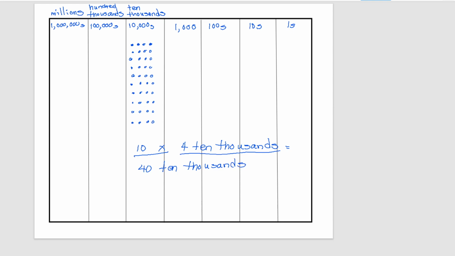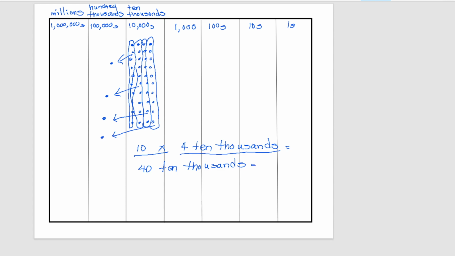And when we put them in groups of 10 and exchange them for the next highest place value, 10 10,000s is 100,000. 10 more is another 100,000. 10 more is another 100,000. And 10 more is another 100,000.